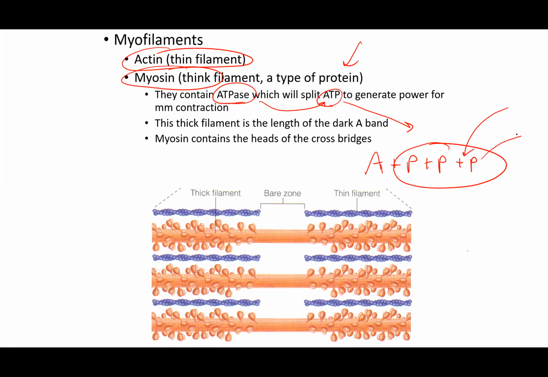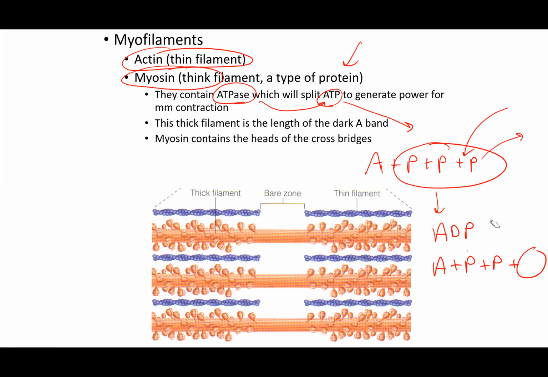So when that particular phosphate breaks off, now you're left with ADP, which is adenosine diphosphate, because it's A plus P plus P. This one is missing because it was broken off, which releases energy.